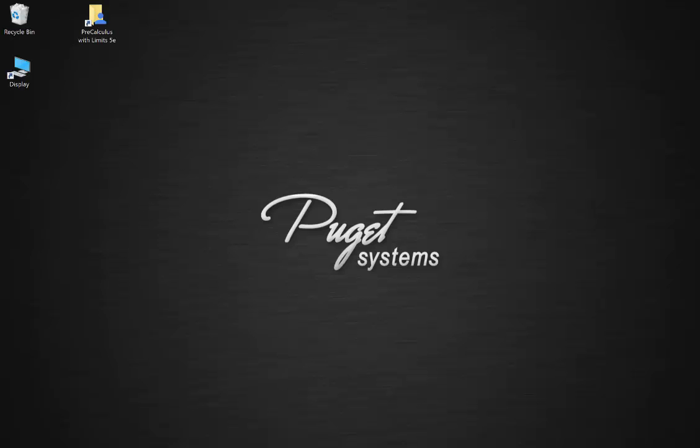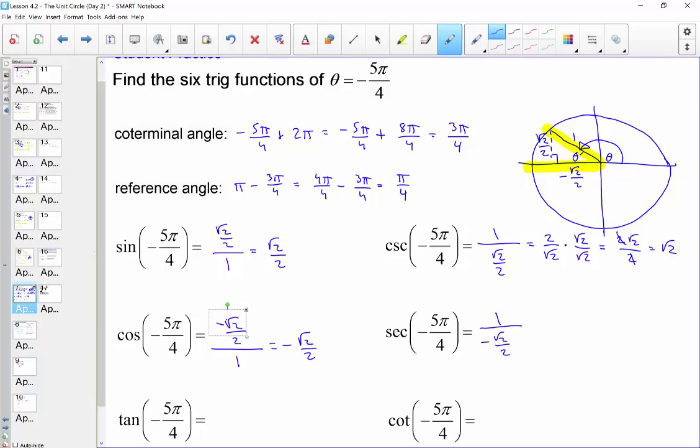We'll multiply by the inverse of the denominator, so 1 times 2 over the square root of 2 negative, which equals negative 2 over the square root of 2. Rationalize the denominator by multiplying the top and bottom by square root of 2, and we get negative 2 times the square root of 2 over 2. The 2's cancel, and we're left with negative square root of 2.